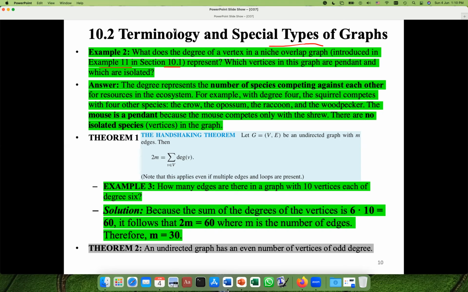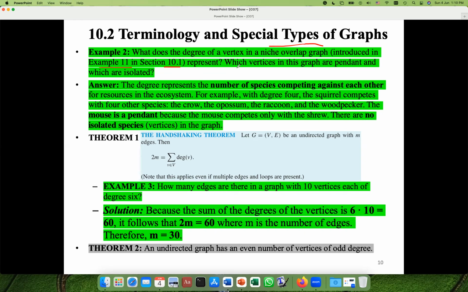The question is, what does the degree of a vertex in that graph represent? It is asking about a conceptual thing.